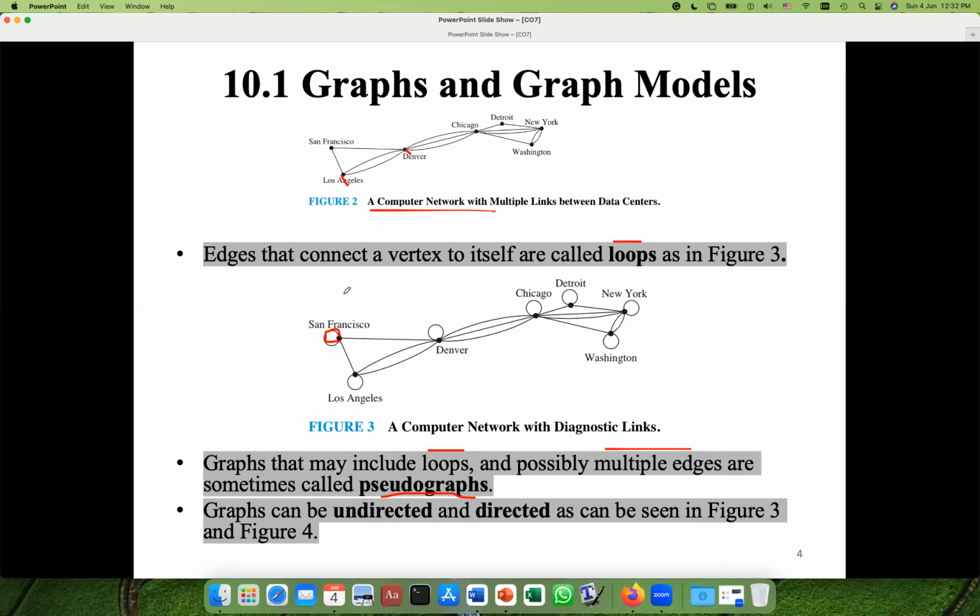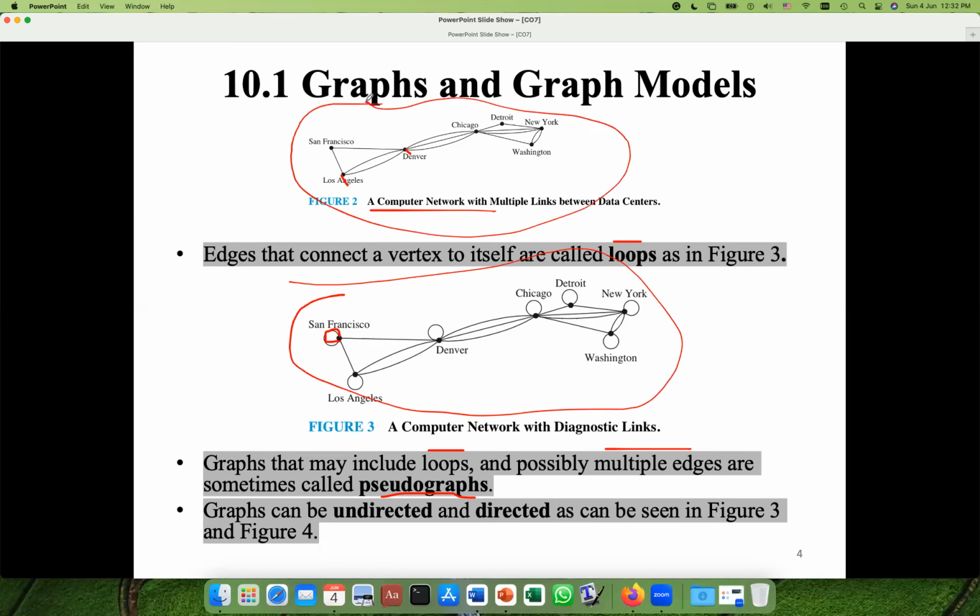For example, I can call this a pseudograph. I can call this a pseudograph also. If you have any one of these two things, that is a pseudograph. If both are there, that's good.